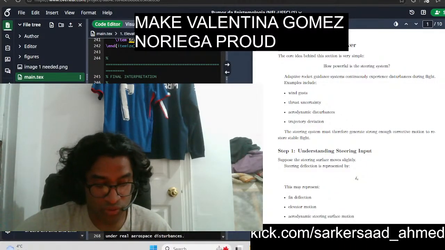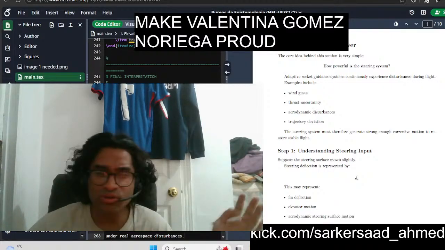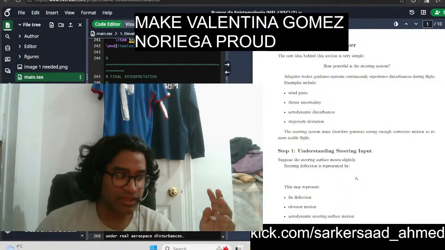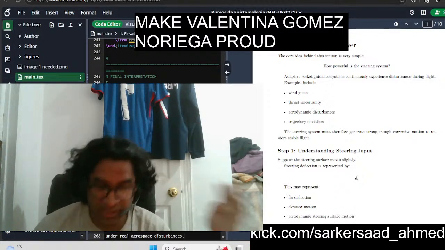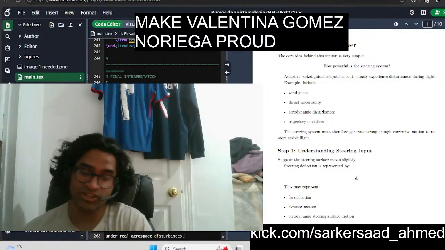Now all those, because you're going to have wind gusts, thrust uncertainty, aerodynamic disturbance, all those air disturbances are going to deviate the vehicle from its original trajectory to a deviated trajectory.